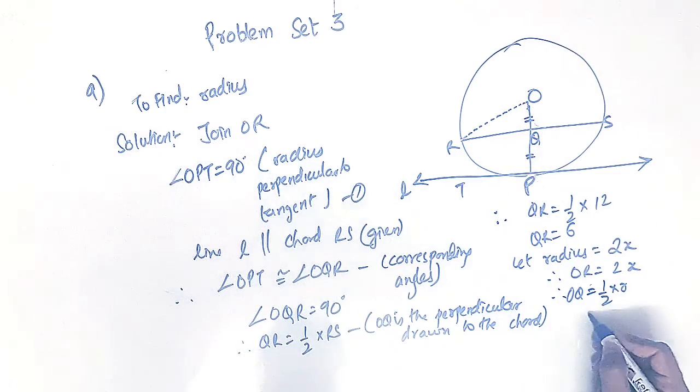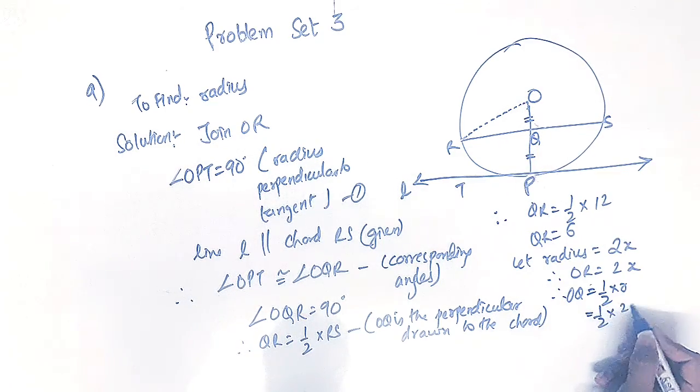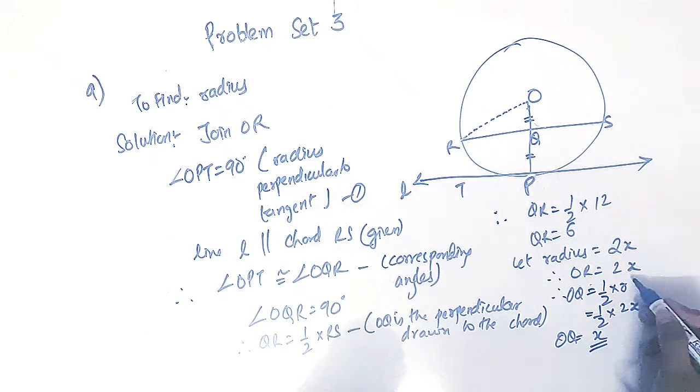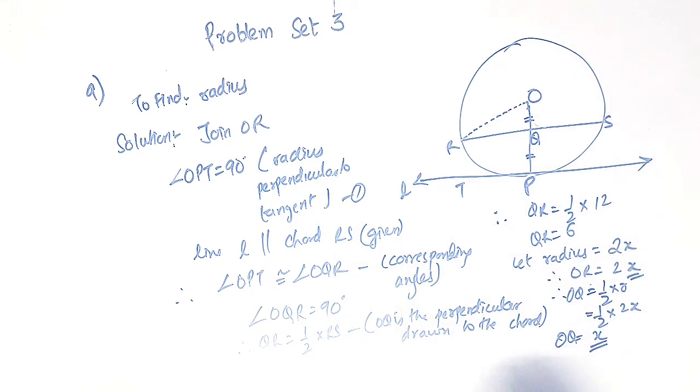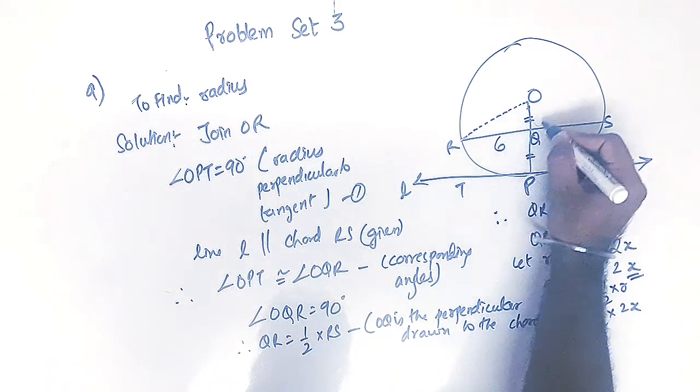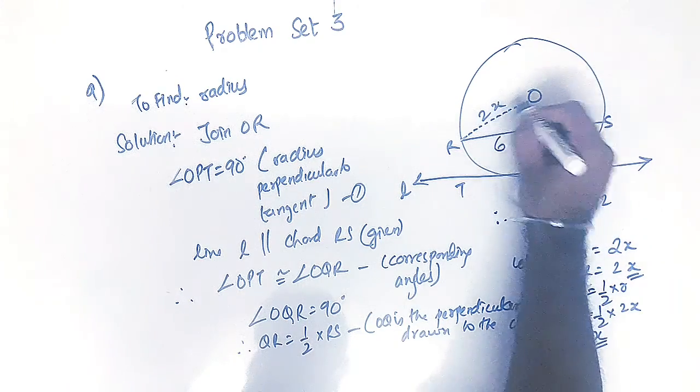You know Q is the midpoint, so it will be half of 2x. So OQ will be equal to x. You are clear with these three things? OQ is x, OR is 2x, and QR is 6. Okay, so I'm writing just here, this is 6, this is x, this is 2x.